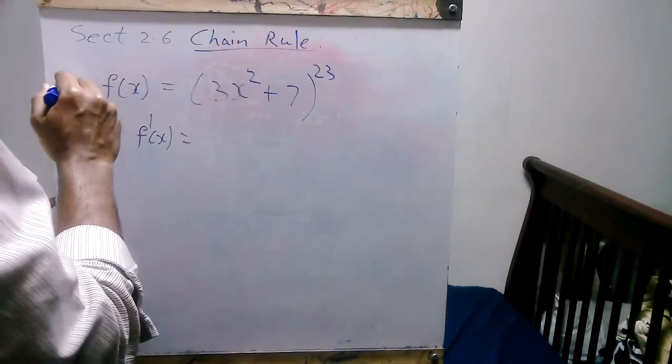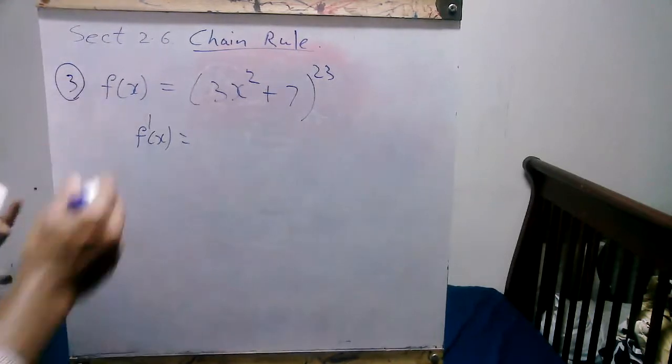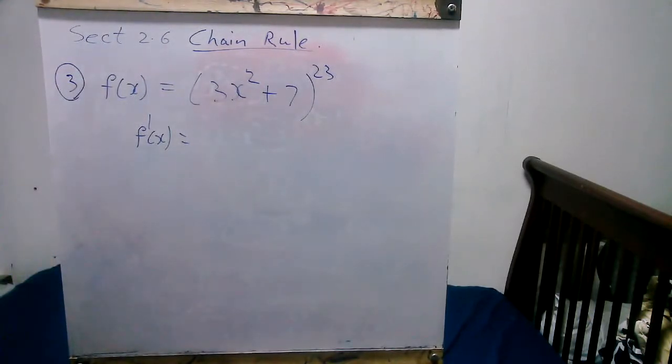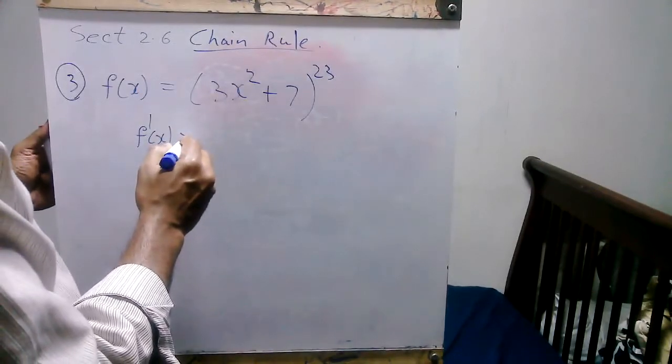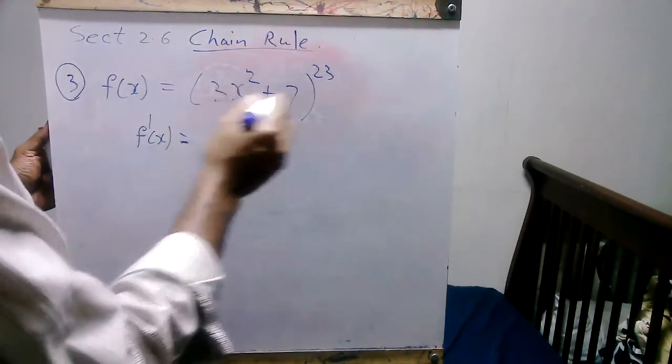This example is from the book, on page 253. This is the third example we're doing. We want to find the derivative of this. Now we know how to use the chain rule.